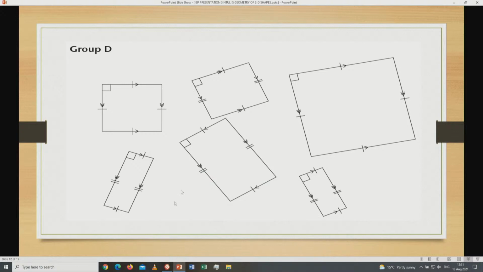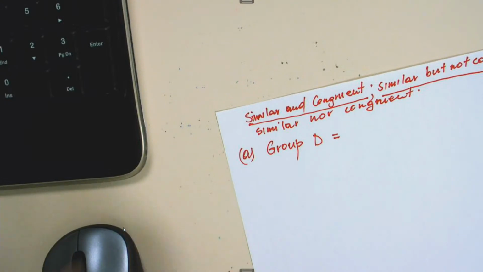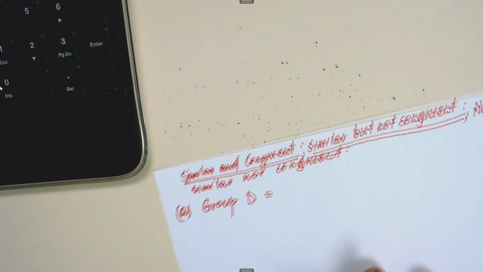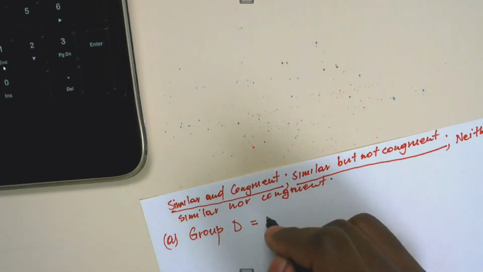All right, guys, your 2 minutes has lapsed. Now let us come to a decision. Right, here are the corrections. Let us see. My finding is that shapes in group D, let me just put it, guys.